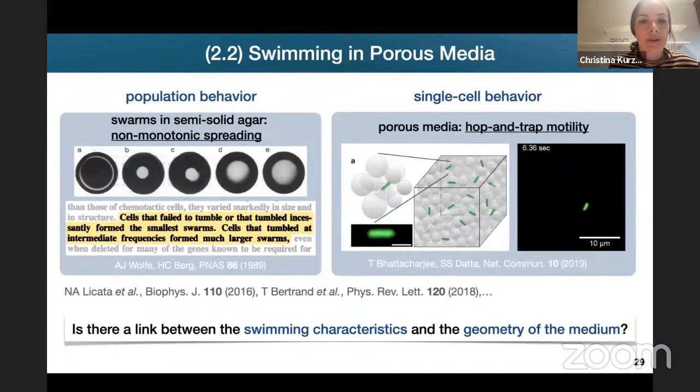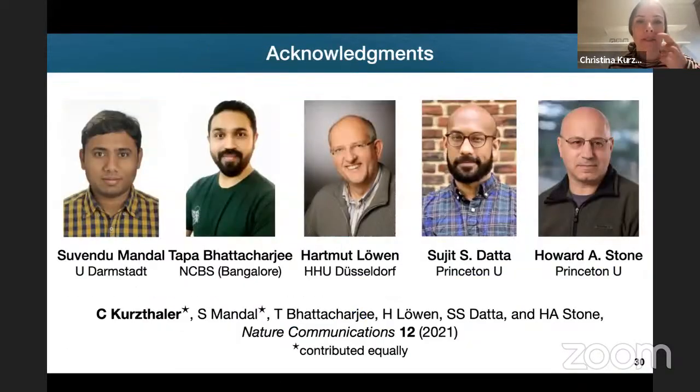This is work that was done in collaboration with Howard Stone, who at the time was my postdoc advisor, with Suvendu Mandal. Did the simulations also in the group of Hartmut Löwen, and of course together with Tapomoy and Suchit, who gave a lot of inspiration with their experiments and input.